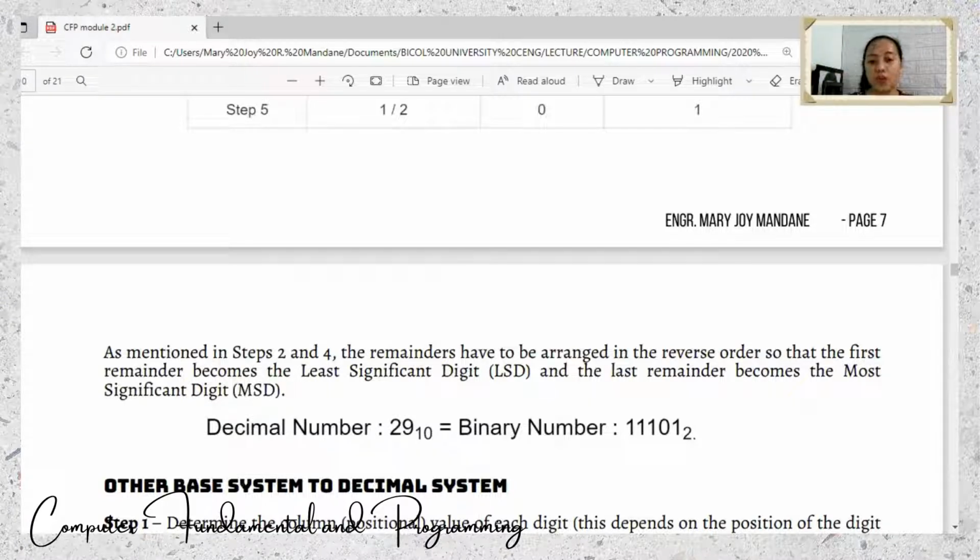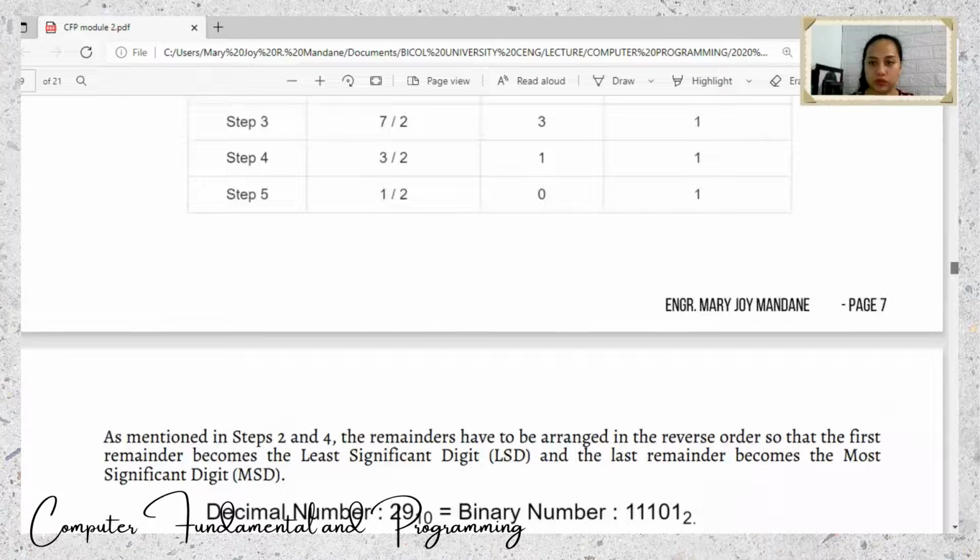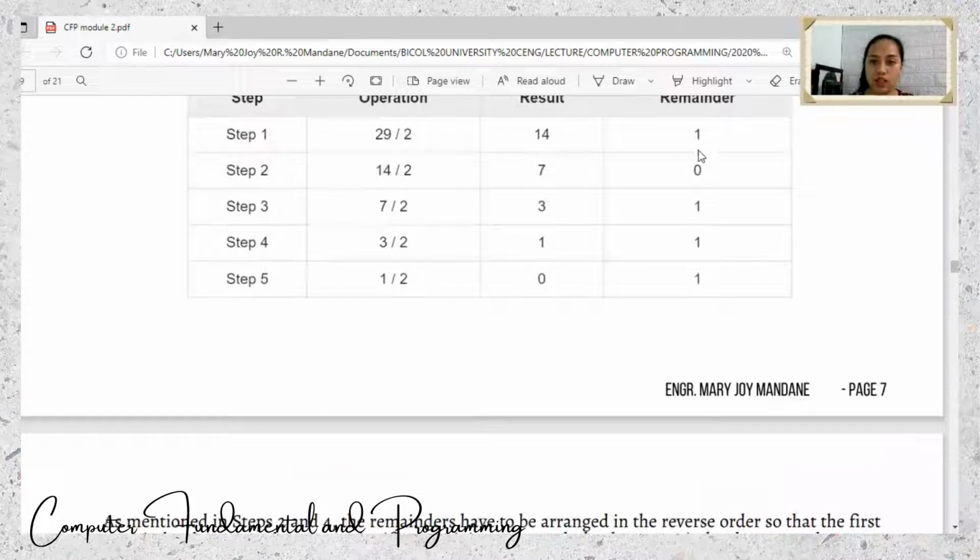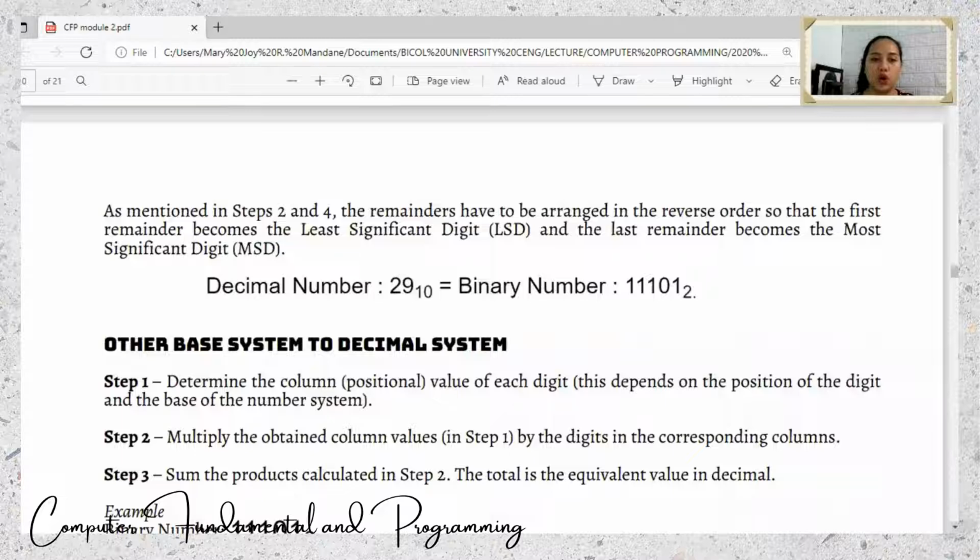Okay, so magiging binary number natin, yung 29 base 10 natin, becomes 11101 base 2. Yan po ang nangyari kung bakit ganyan po yung binary natin.